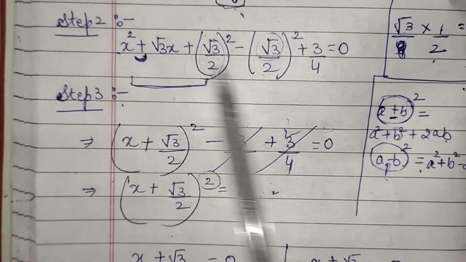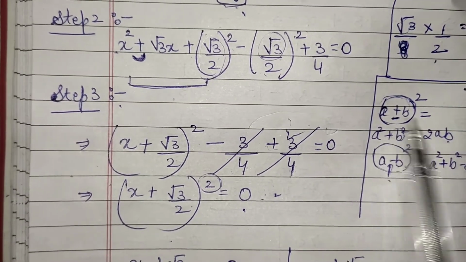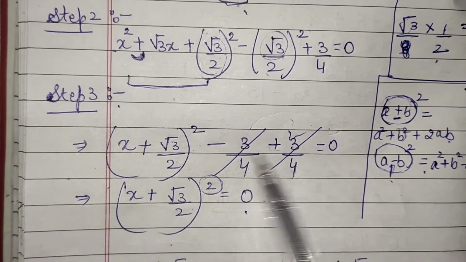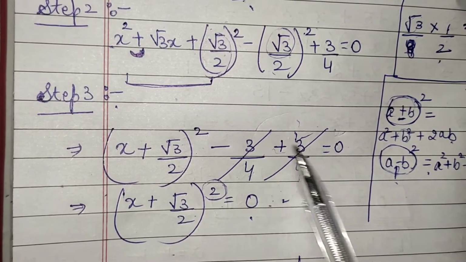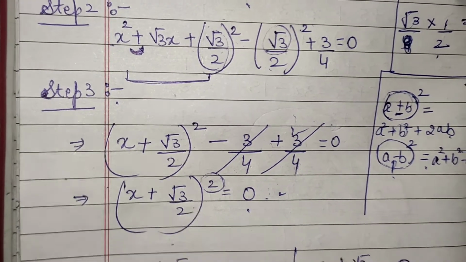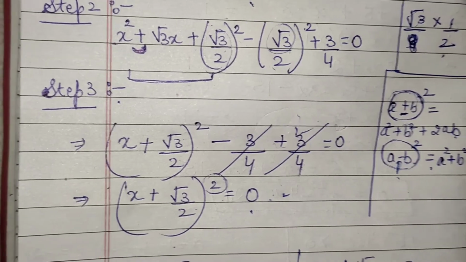Now convert your equation in the form of (a plus b) whole square or (a minus b) whole square and do addition and subtraction of the constant part. Okay. And then take square root on both sides, right?